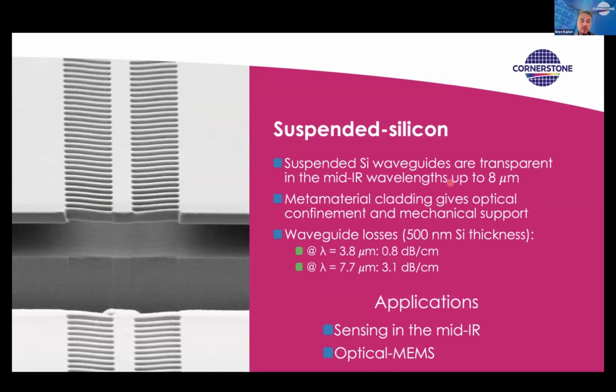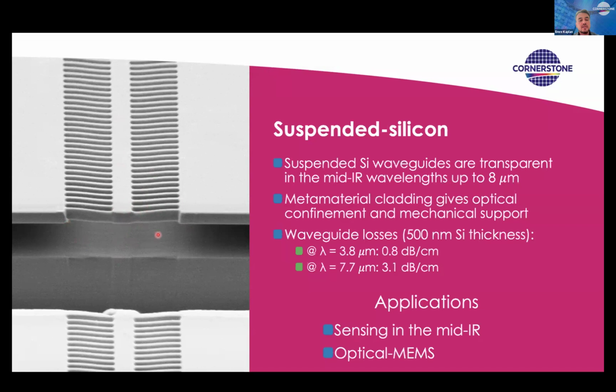So in order to fully exploit the transparency window of silicon, we just need to remove the silica underneath the waveguide. So how we do that is we basically create a kind of grill shape structure. They are called support structures, where the light propagation happens in the main waveguide right in here.